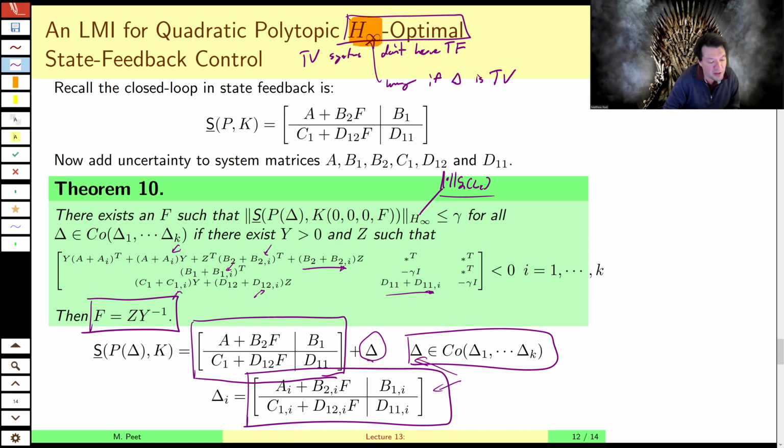Again, if it's a polytope with k vertices, then this is a set of k LMI constraints. If it's an interval uncertainty case, then you have to do a plus and a minus for every I. So you have to construct all the vertices.